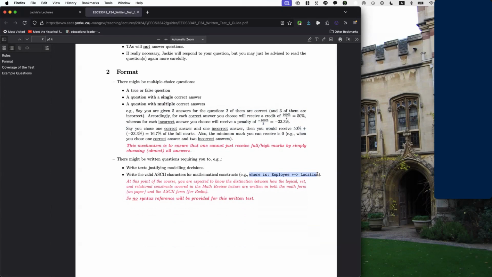However, I would say all the constructs you might be required to write during the test are only from the review math lecture. There's nothing outside of the math lecture you have to know, right? So just make sure you understand the basic relational operators, set operators, partial function, total function, etc. How to write those symbols, restriction, subtraction, things like that.